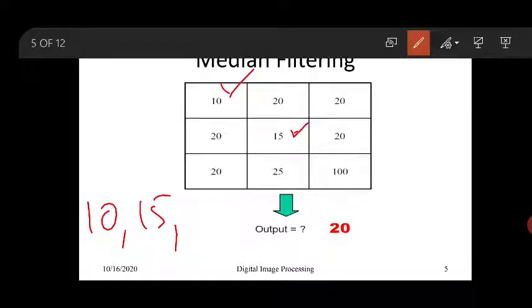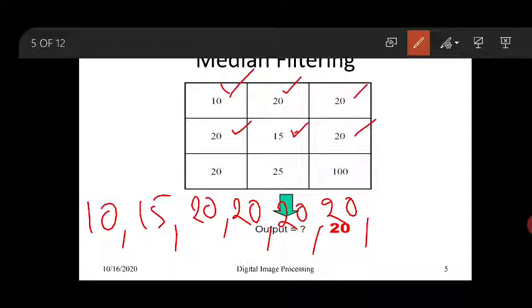Then 20, and again 20, because you need to capture all the values, even the same value repeated. Next 20, next 25, next 100. Now how many are there here?